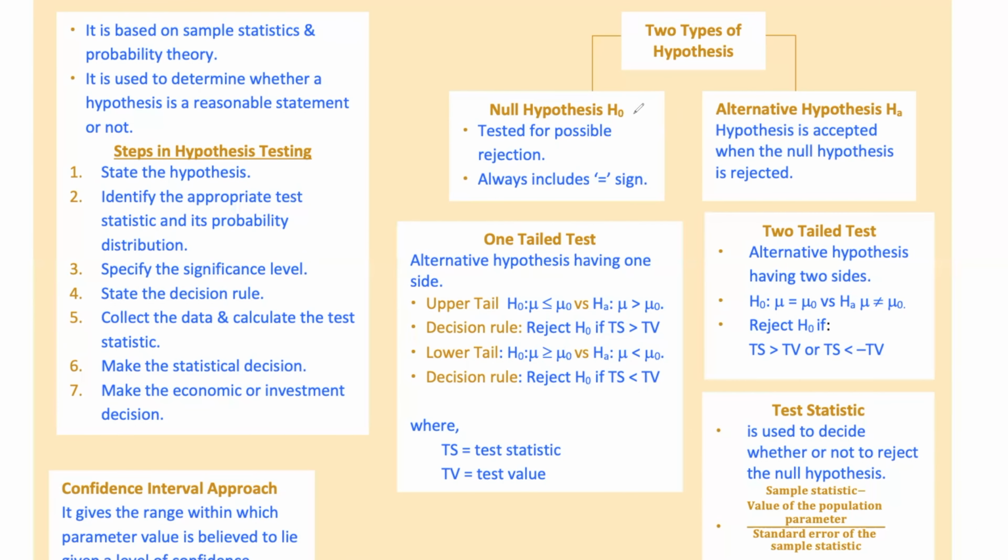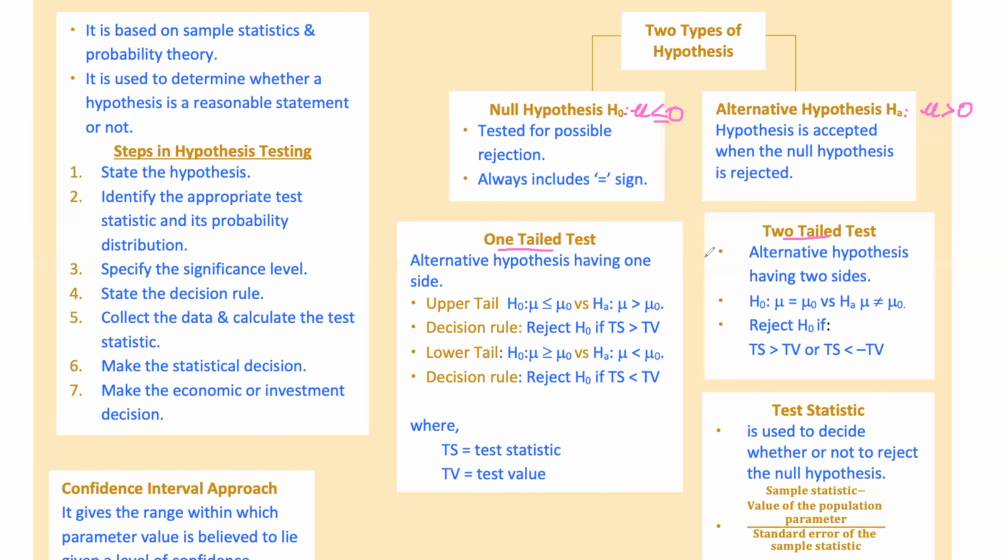Suppose we hypothesize that the population mean risk premium for Canadian equities is less than or equal to 0. The null hypothesis is that the population mean risk premium is less than or equal to 0, and the alternative hypothesis is that it's greater than 0. This sets us up for either a two-sided or one-sided hypothesis test, depending on what we're looking for.